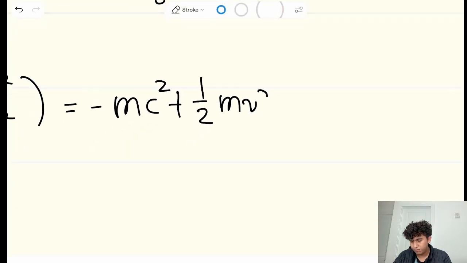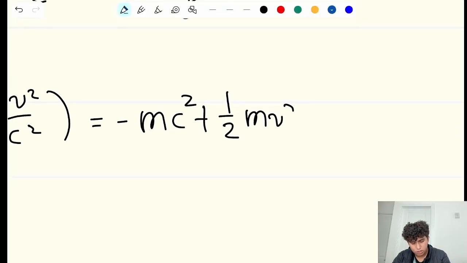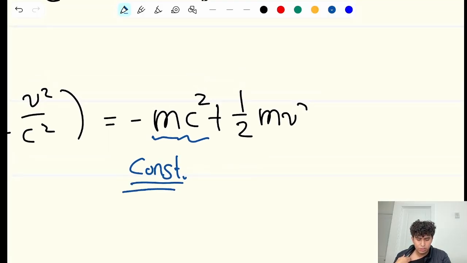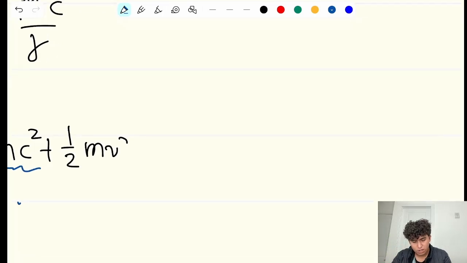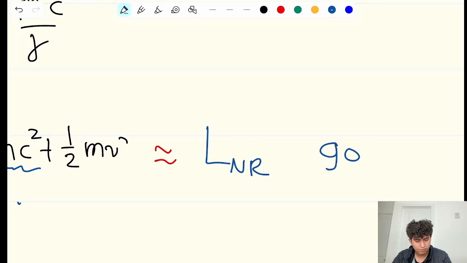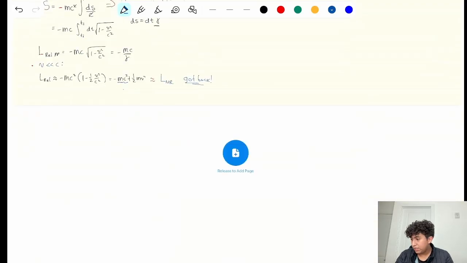And this is a constant. We showed in the second lecture that constants don't affect the Lagrangian, something you can remember: whenever you have a constant in the Lagrangian, it does not affect the action, because when you get the equations of motion, this constant just disappears. So this is effectively the non-relativistic action. So we get it back. Cool. So indeed, this is the correction.